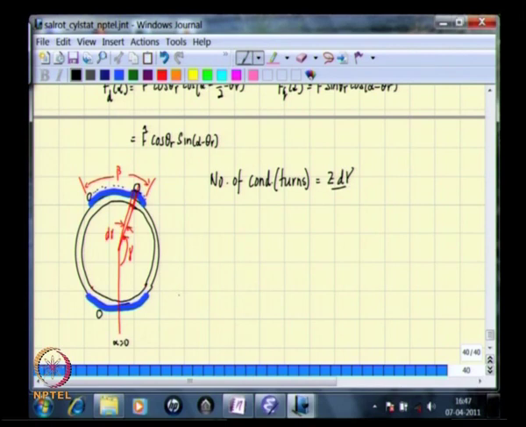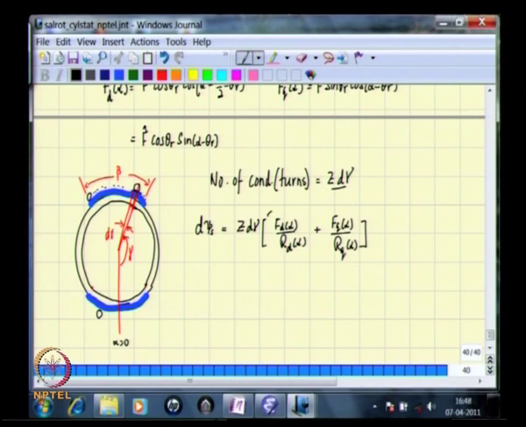So, let us now find out what is the flux linkage of this elementary coil, and let us call that d psi s, the flux linkage of this elementary coil, that is obtained by the number of turns z d gamma multiplied by the direct axis mmf divided by the reluctance of the direct axis at a particular angle alpha, plus the quadrature axis mmf divided by the reluctance of the quadrature axis at a particular angle alpha, is your net flux linkage.